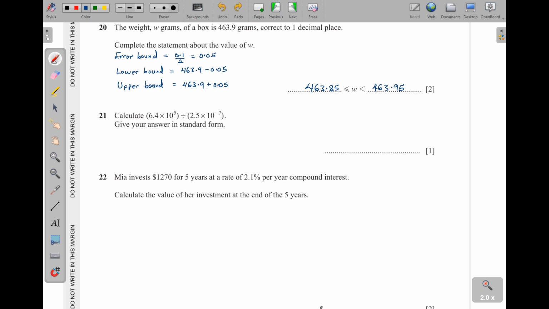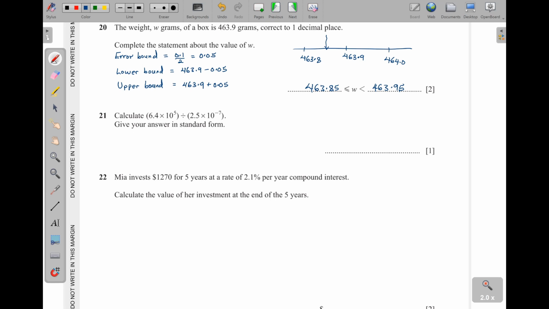Now, why are we getting the error bound by dividing by 2? Suppose I have this number, 463.9. They are saying it is correct to one decimal place. That means the next number above is 463.9 plus 0.1, which is 464.0, and the one before is 463.8.